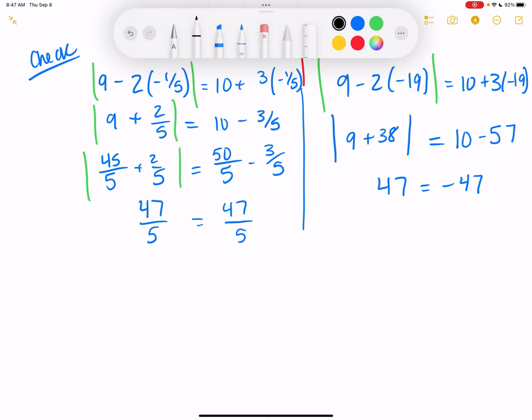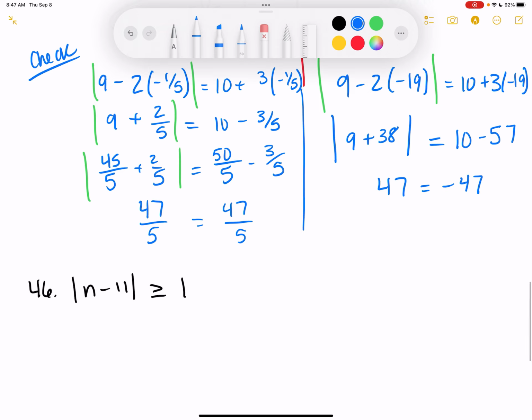So 46, we have the absolute value of n minus 11 is greater than or equal to 1. So the only difference with these ones, okay, you still do the same thing where you copy it down exactly, and then the other one you're going to change the sign. But when you change the sign, you've also got to flip the inequality over.